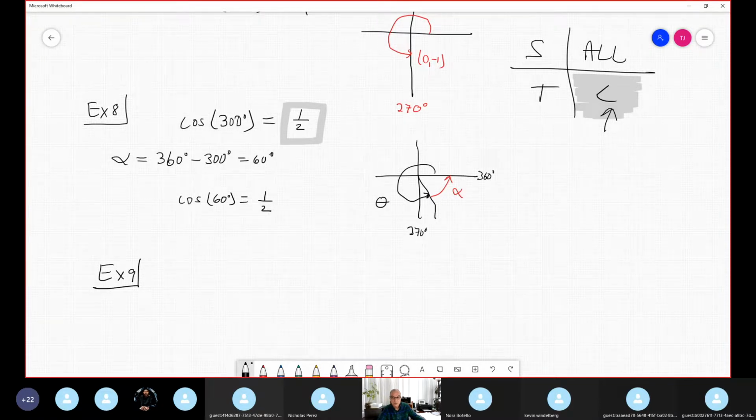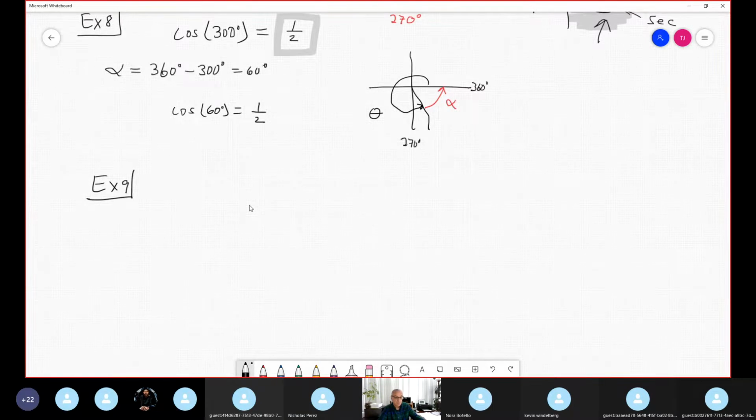Look, according to this mnemonic device, all students take calculus, this C indicates that the trigonometric function that is positive in the fourth quadrant is cosine, and of course his family, secant. And the same value. In this case, cosine 300 degrees is exactly the same as cosine 60 degrees, which is 1/2. Okay, thank you.